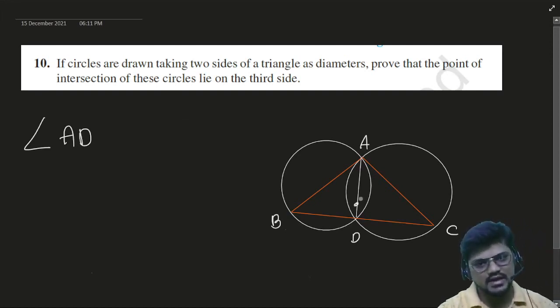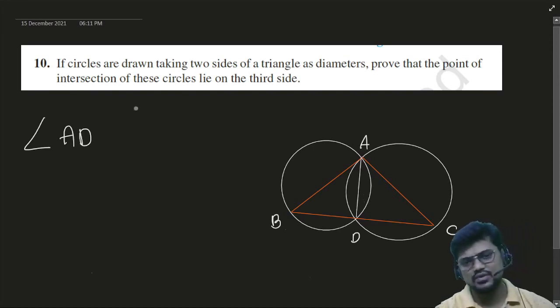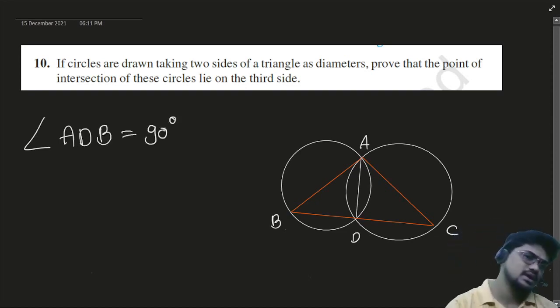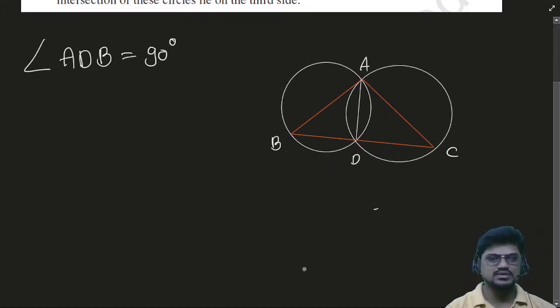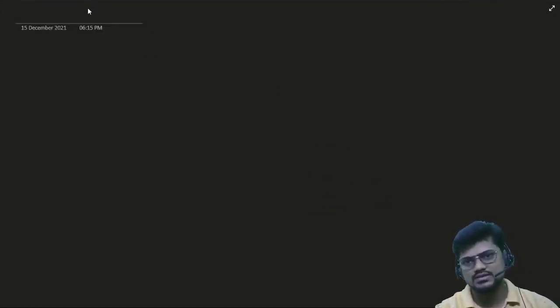If I say there is any other point, E. No, no, not required. Actually, this property is there for you. Angle ADB is equal to 90 degrees. What is this property? That angle in a semicircle is always 90 degrees. I'll explain what this exactly is.